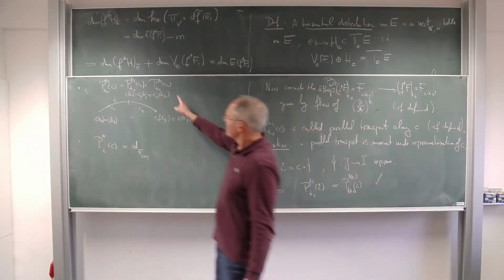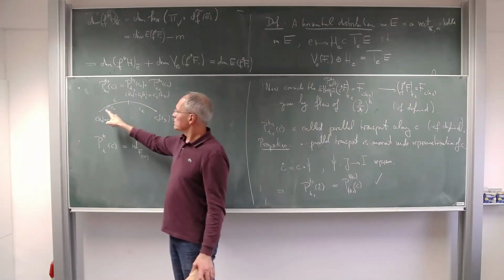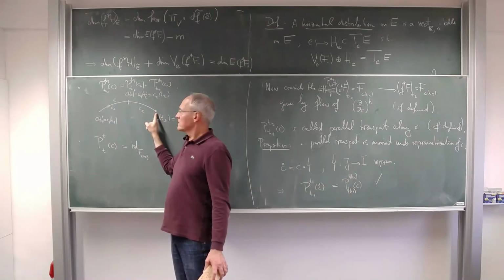So this second property here can now be used to also define parallel transport, not only when we have smooth curves, but also when we have piecewise smooth curves.